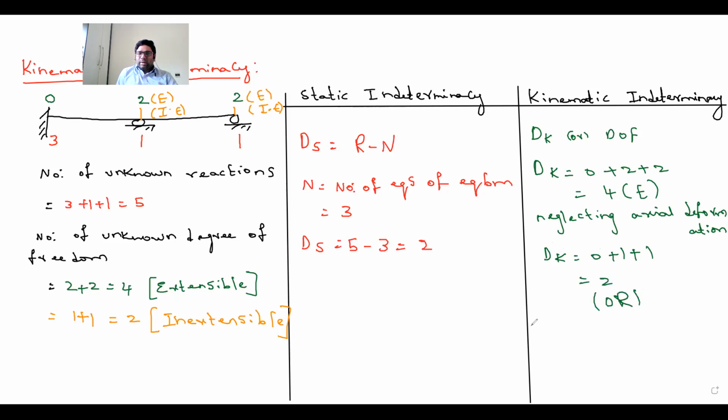Or you can solve it like dk is equal to 3j minus r.